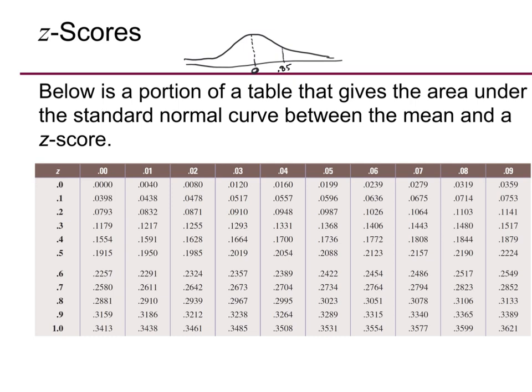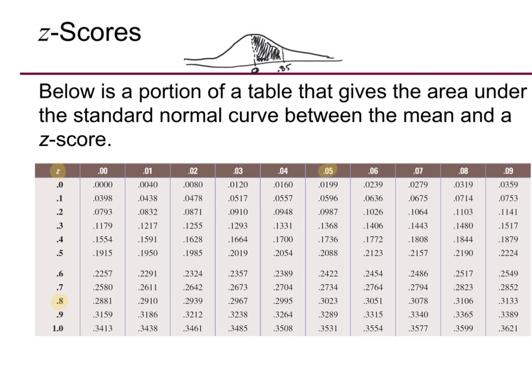And when we find that on the table, what that is going to tell us is the area of this region, how much is between the mean of 0 and a Z-score of 0.85. How you find that on the table: first I'm going to start in the Z column, and go down to 0.8. Z equals 0.85 is what I gave you, so now I'm going to go over to the 0.5 up here.